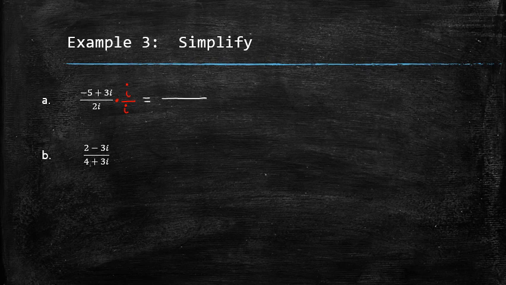I'm going to start with the denominator. So 2i times i is 2i squared, and we know i squared is -1. So I have 2 times -1, which is -2. So this fixed the denominator, so now the denominator is just the number -2. There is no more i involved.